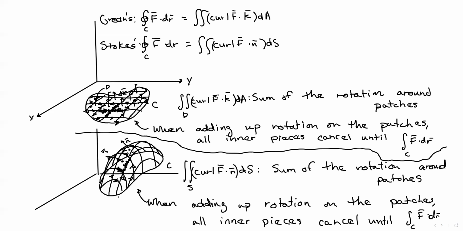So let's discuss this curl of F dot k, curl of F dot n piece, because that's the only piece you'd need some explanation of. Once you have that the curl of F dot n dS is the rotation around here, then all of the effects from Green's theorem do happen. All that cancellation happens, and we just end up with the rotation around the exterior. And so that's what we really need to talk about more.